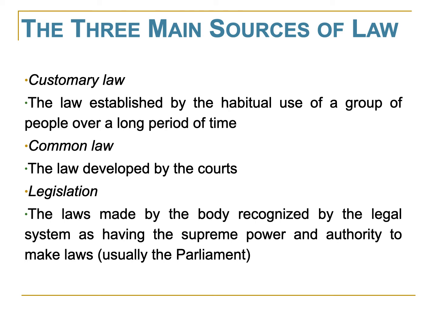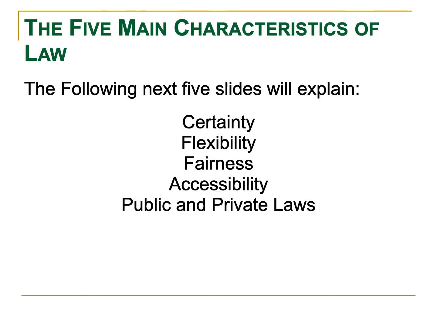There are also the 5 characteristics of law, which are certainty, flexibility, fairness, accessibility, and the difference between public and private laws. And the next 5 slides will explain what is meant by this.